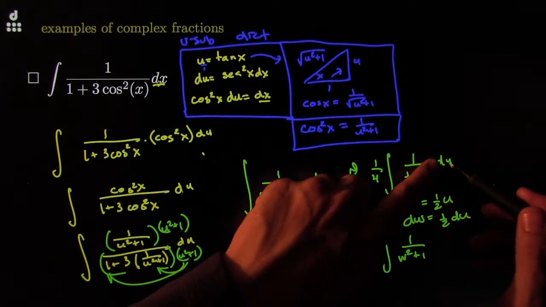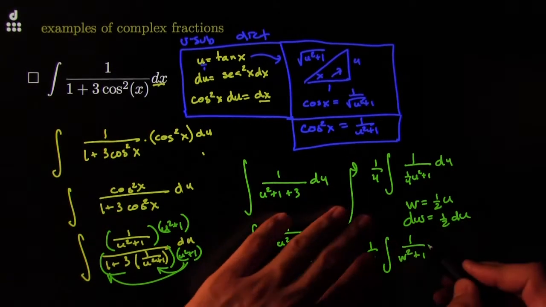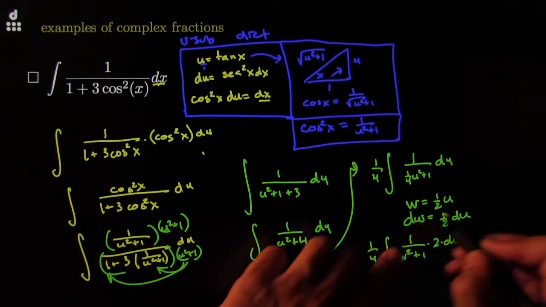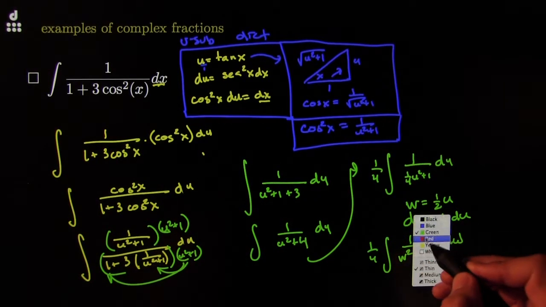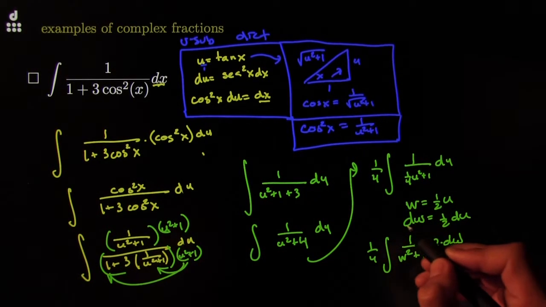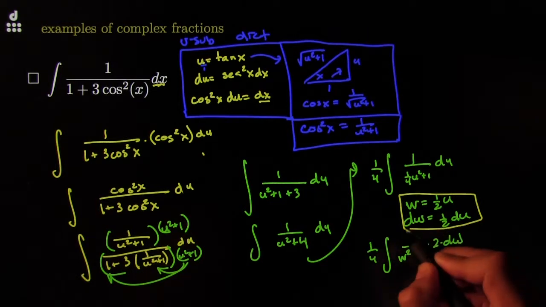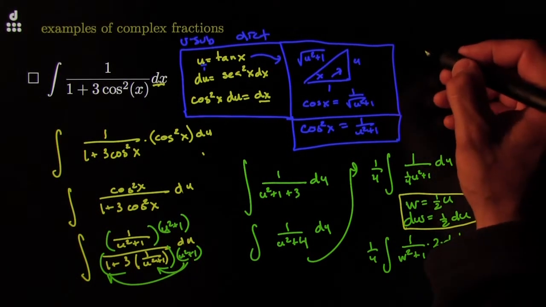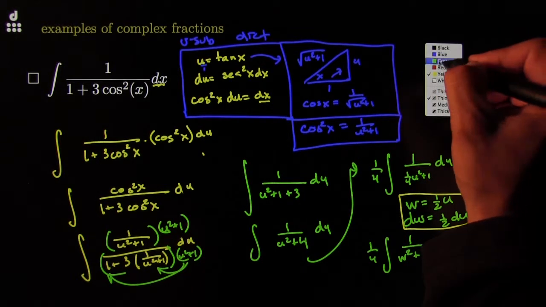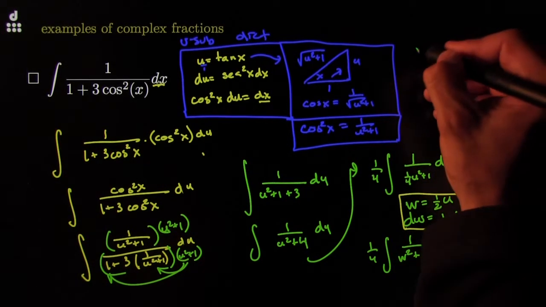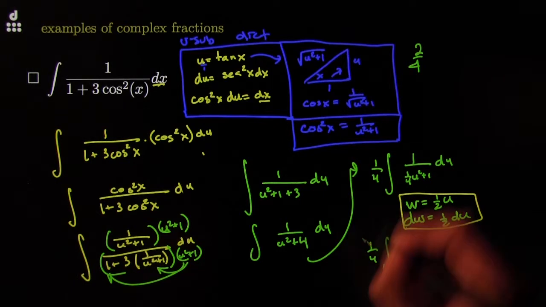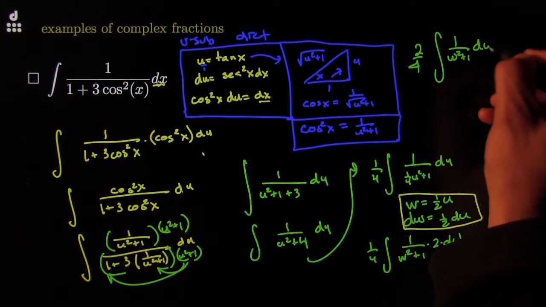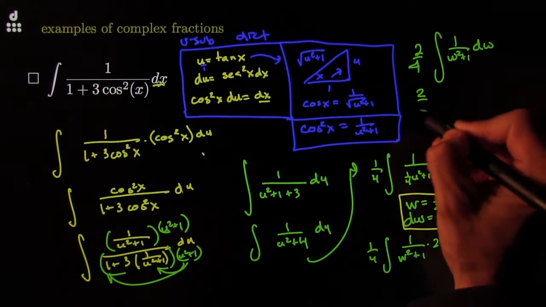And of course the du could be exchanged for 2 dw's. I'm looking at another little mini dictionary. I'll make this dictionary yellow. That gets me to, I'll continue up here. Why? Because I can. And so that gives me a 2 over 4 on the outside, and that gives me the integral of 1 over w squared plus 1 dw, which of course is just an arctangent of w plus a constant.